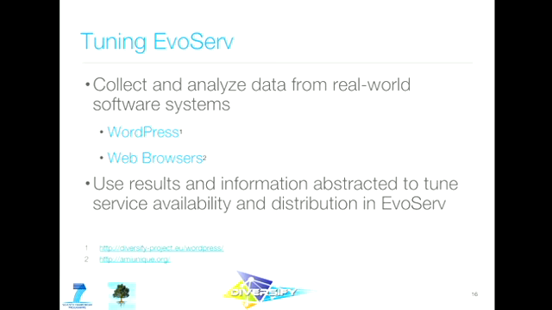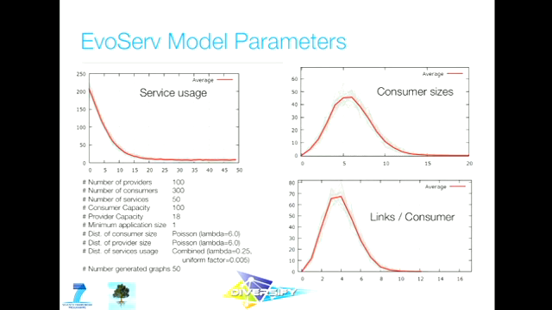We compared this actual data to some other data that we looked up online and found out that using this as a source of data to tune our network was correct, because we were able to mimic exactly the kind of distributions that people had seen in other networks that were similar to these different internet networks. So we then used that to tune EvoServ.